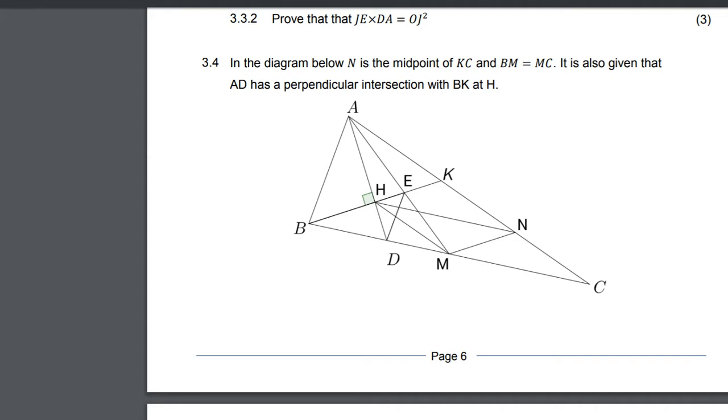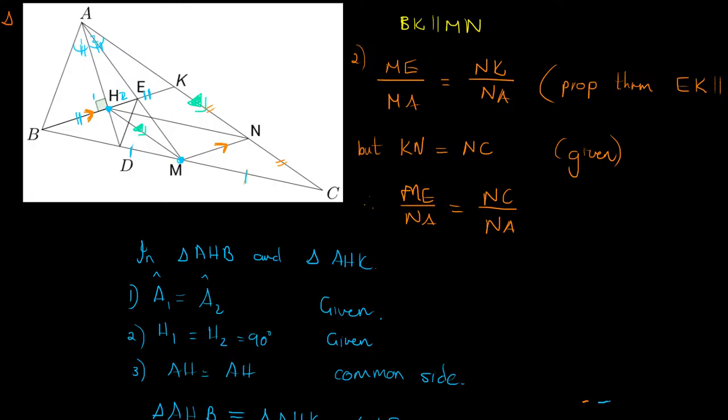Oh yeah, because this is the midpoint and that's the midpoint, so I'm working in these two triangles. Okay, there we go. This is the midpoint, so this line is also parallel. That line and that line, that line and that line.